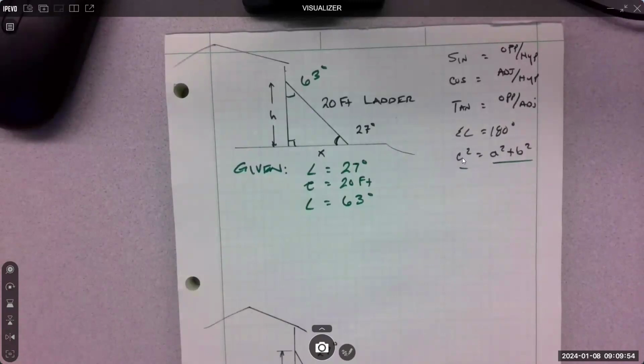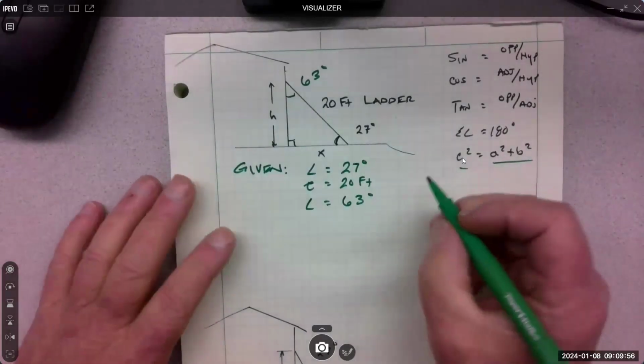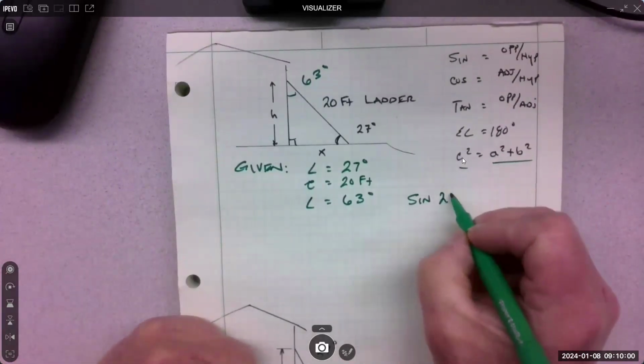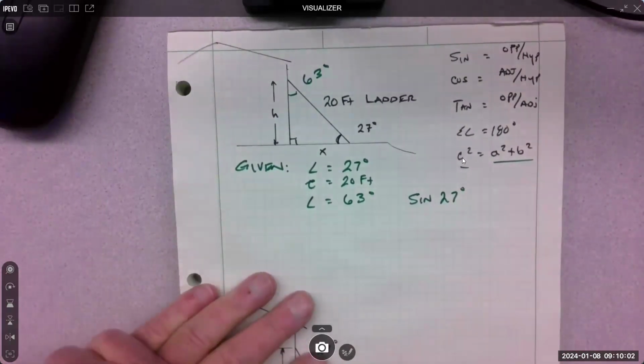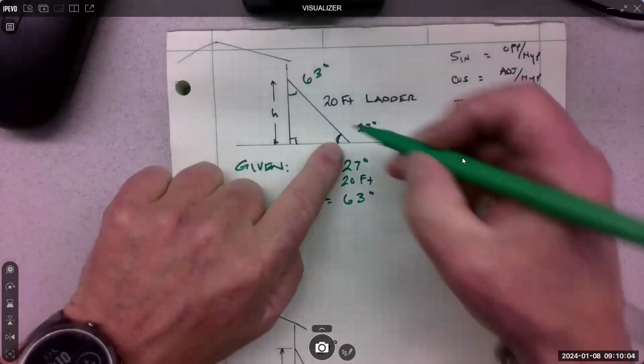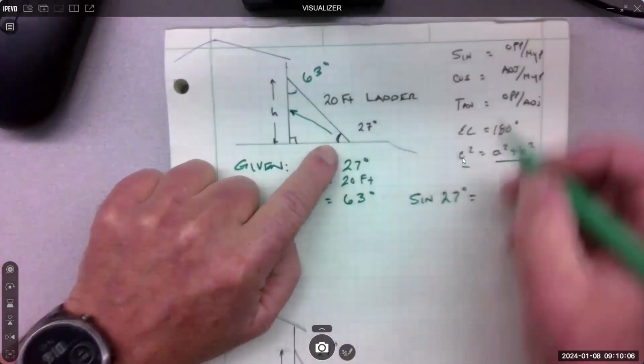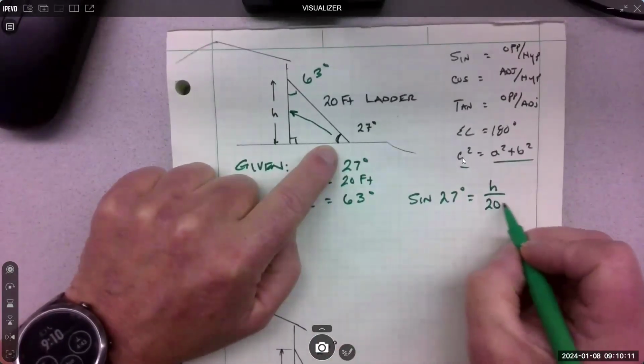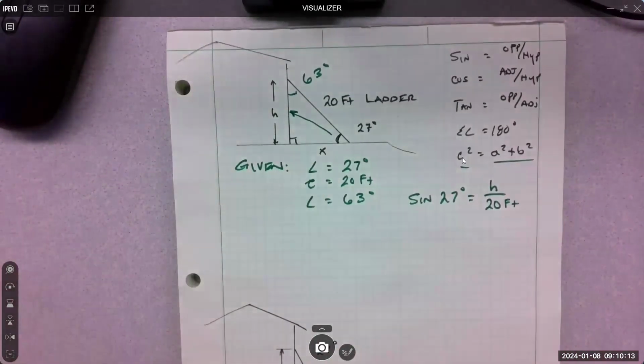What'd you use to solve it? Sine. Yeah, sine works. Sine of the angle that we know, 27 degrees, is equal to opposite h over hypotenuse 20 feet. So when you know the variable or you know the distance, put it in the equation, right?